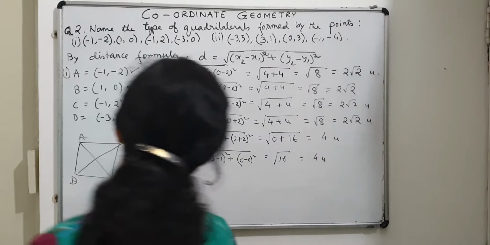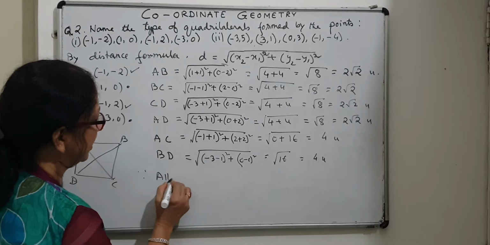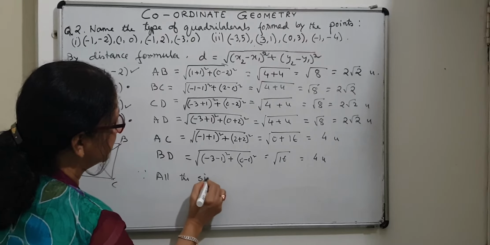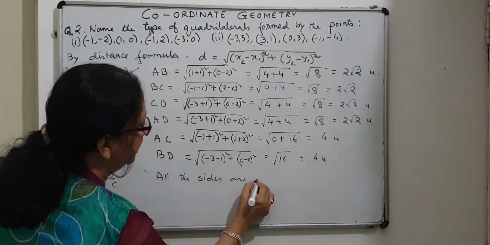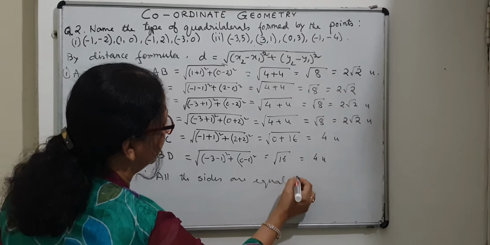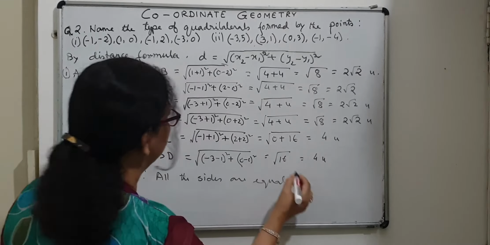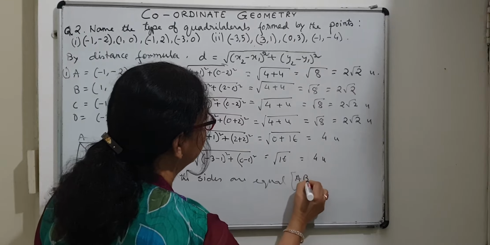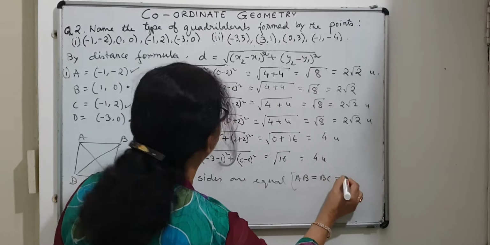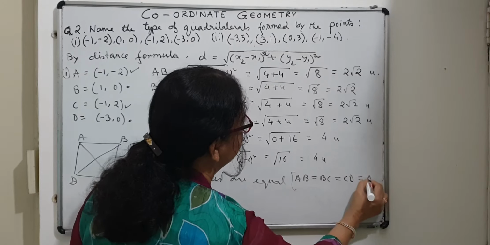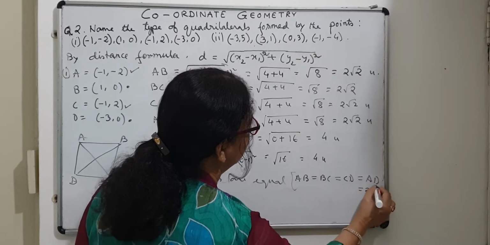So you write, since all the sides are equal, that is what you have observed, that AB is equal to BC is equal to CD is equal to AD and is equal to 2 root 2 unit.